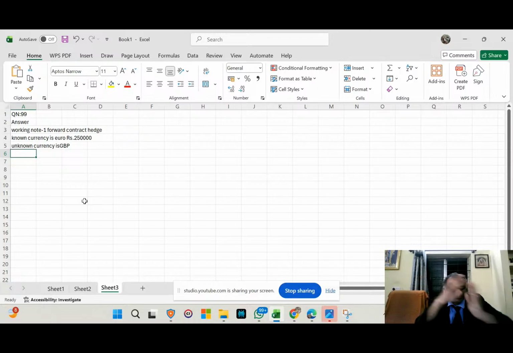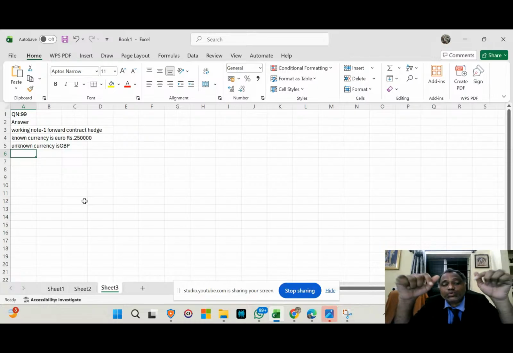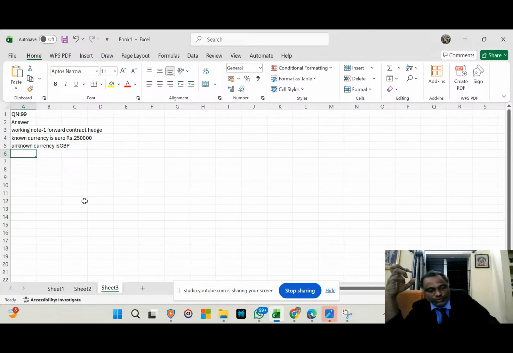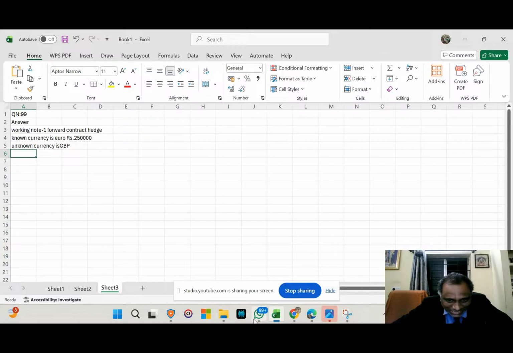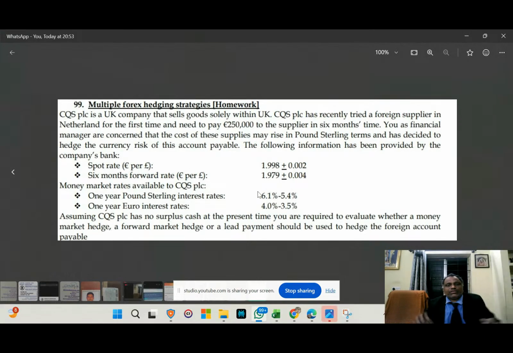Friends, what happened here? We should understand that the known currency is called the denominator currency. We can understand the issue based upon the question and reading.